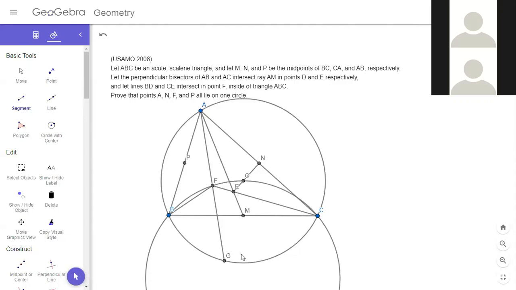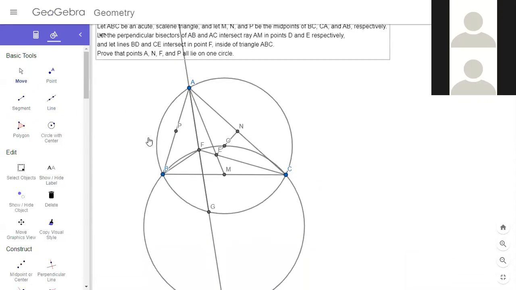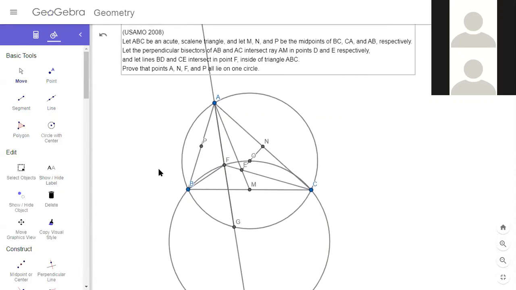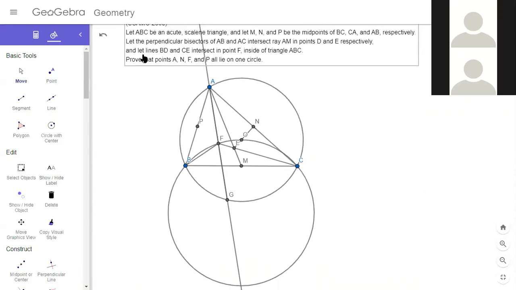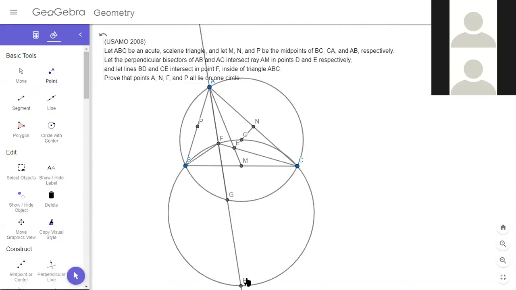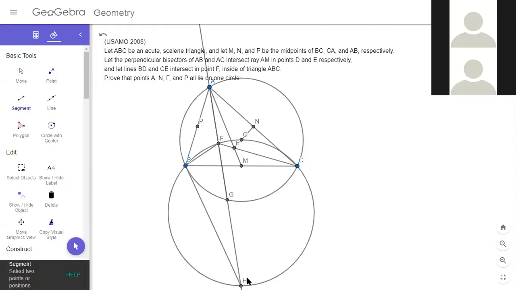So you said BFOC is cyclic. That's true because if we let the symmedian meet this circle at another point H, then HB and HC are tangents to the circumcircle of ABC.